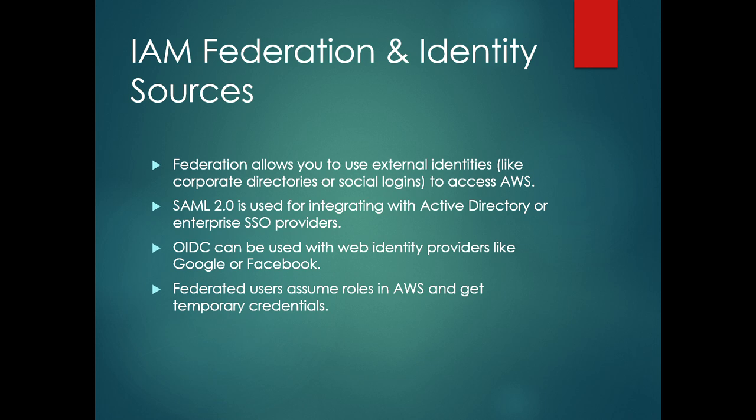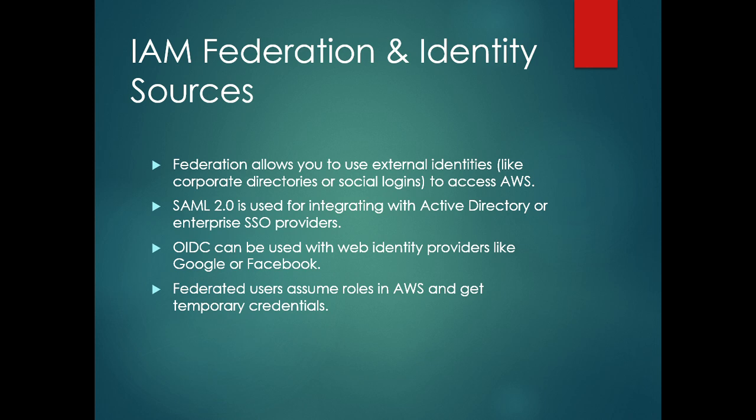So IAM supports federation, allowing users from outside AWS, for example corporate logins, to access AWS resources using temporary credentials. So it is important to remember that federation allows users outside AWS to access resources using temporary credentials.